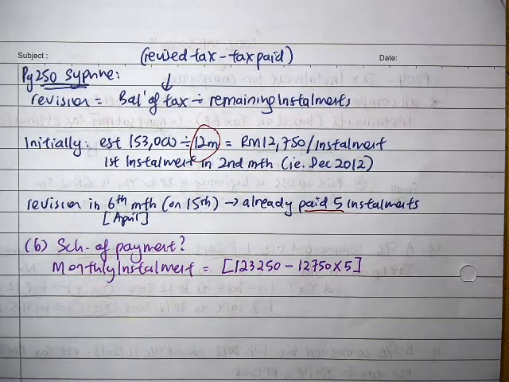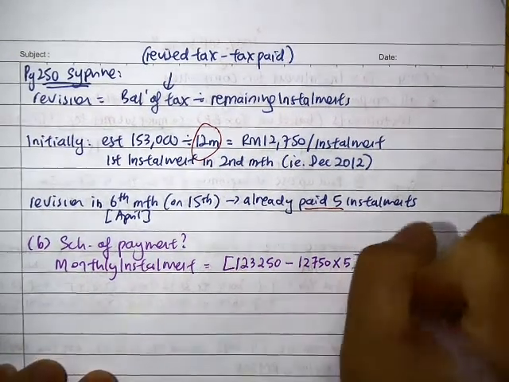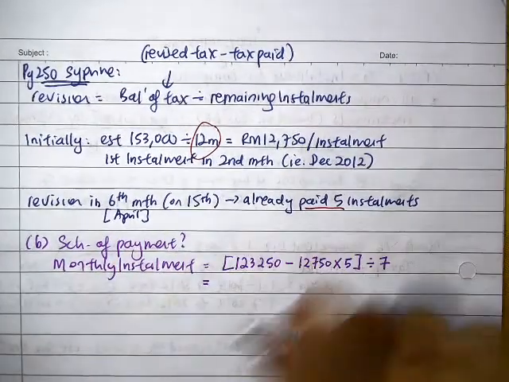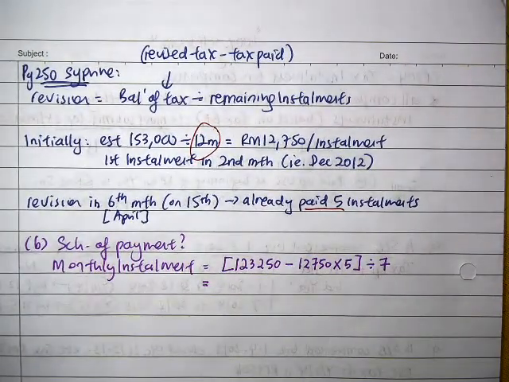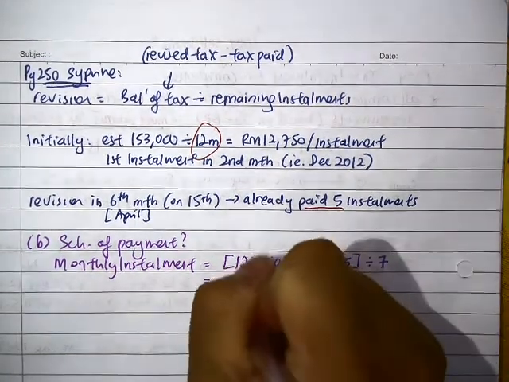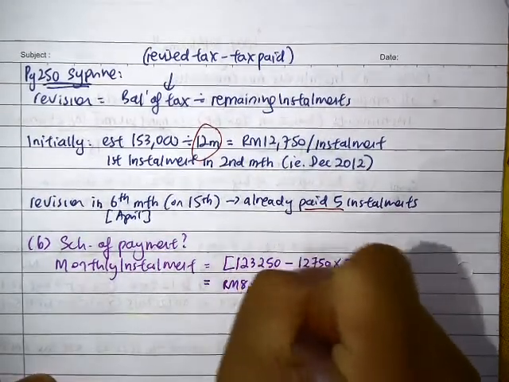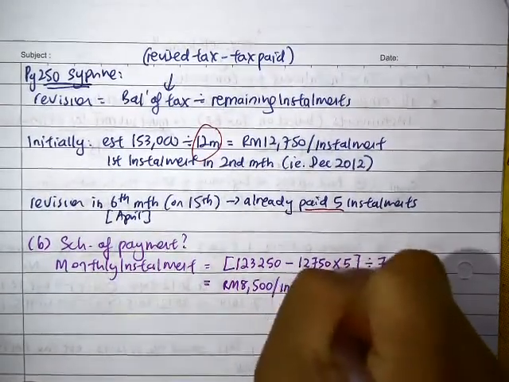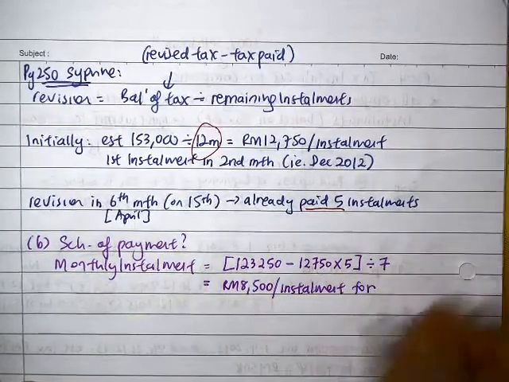Now, how many more months you need to pay? 7. So that's why 123,250 minus what is paid, divide by 7, you still need to pay 8,500 per installment for which month?